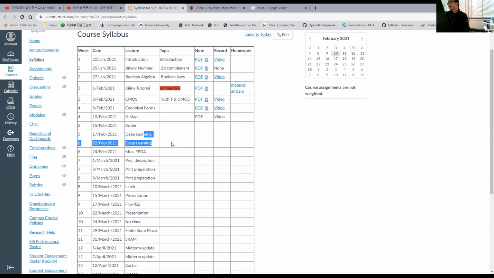Because in this class, we need some application. We need to write VHDL code to design hardware for some particular application. Of course, you can find your own application, but I will recommend deep learning because deep learning is very popular, or hot, today.